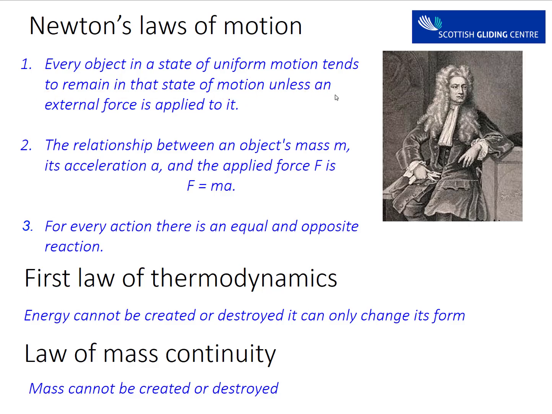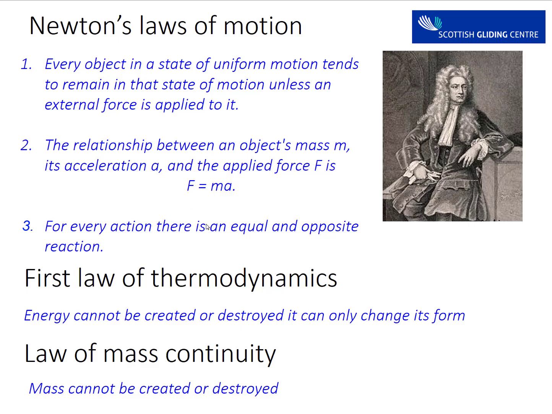So if we're travelling along at a fixed speed, we need to apply a force to either speed up or slow down. And the rate at which we speed up, the rate at which we accelerate, depends on how big the force we apply to it. And also Newton's third law, for every action there is an equal and opposite reaction. So there are three laws of motion from Newton.